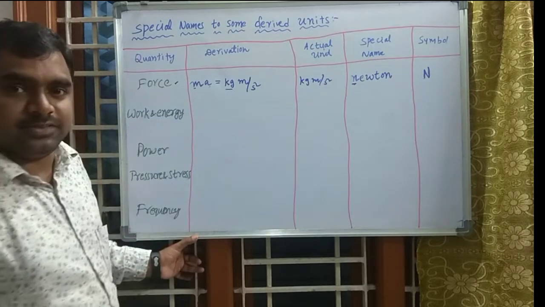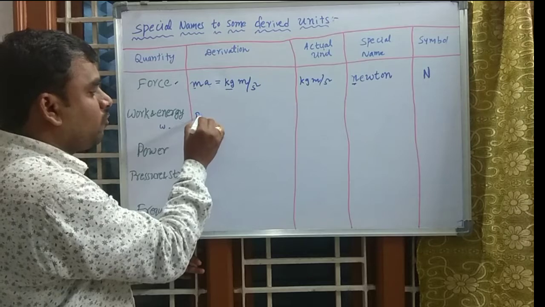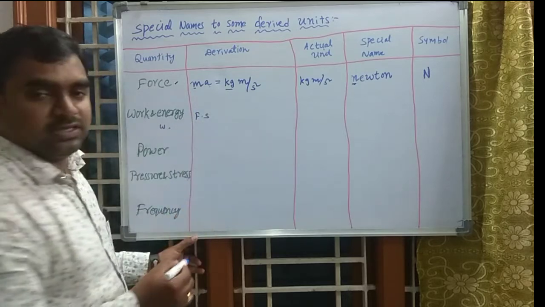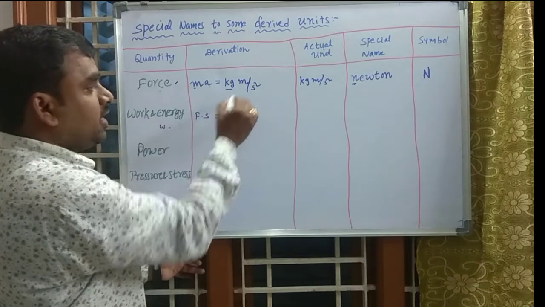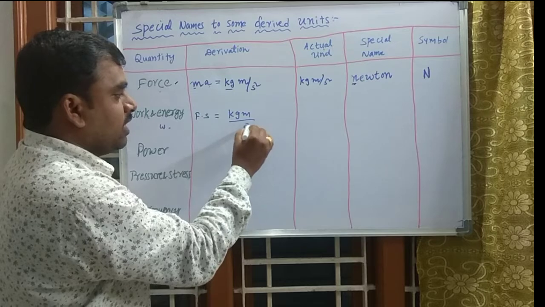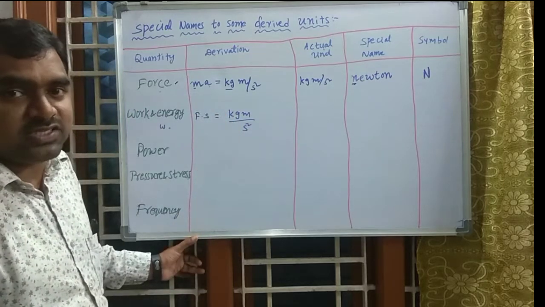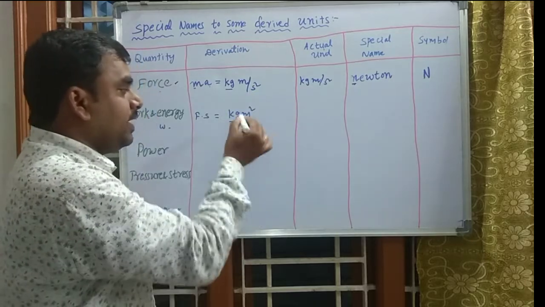Work and energy. What is the formula for work? Work equals force into displacement. The force unit we already know is kg meter per second square, and displacement is also a kind of length, so the unit is meter.